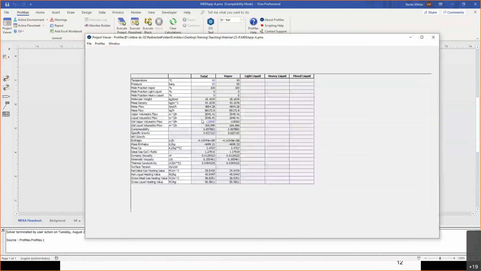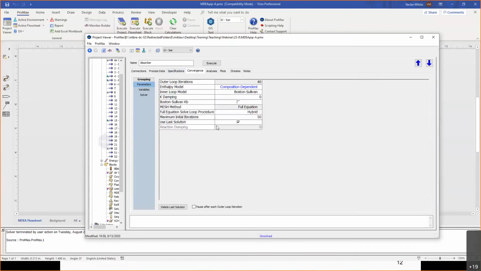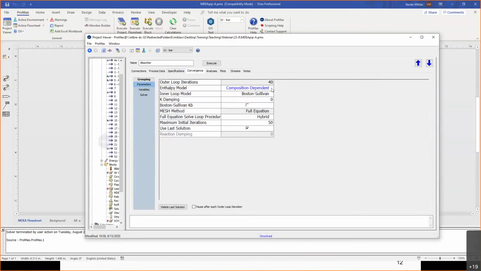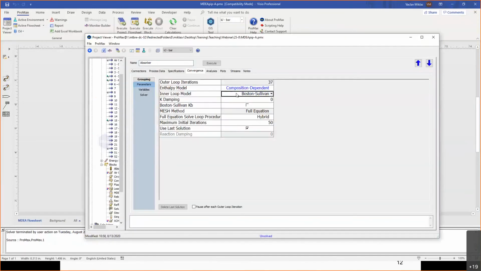Looks like this absorber has some problems converging. So let me just change this convergence setting to see if it helps. It actually seems to be fluctuating, and in cases like these, what you might want to use is this K-damping factor.